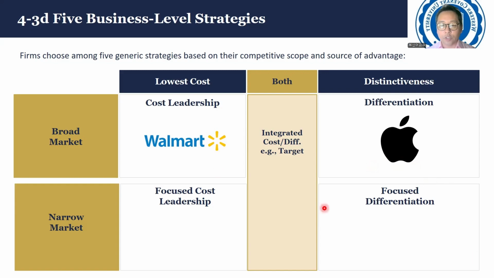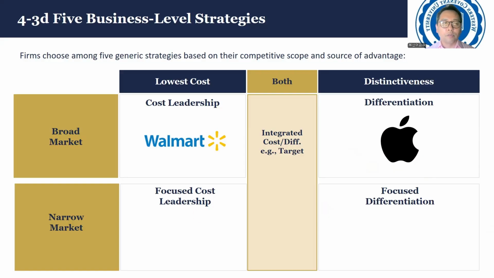It's very distinguished. The company creates strong loyalty by making its products feel simple, premium, and connected. Because Apple reaches many customers while offering a unique value, it fits the broad market plus distinctiveness strategy, so differentiation strategy.